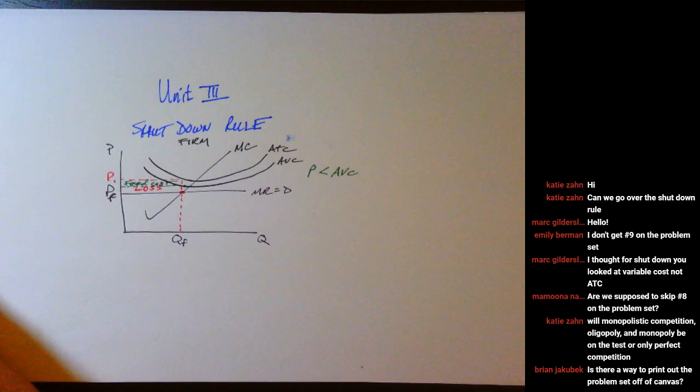There we go. Let me see. Okay, so let me find these items first. Oops. All right, Unit 3. All right, here we go. Unit 3. All right, Emily, you ready out there? Emily's asking about number 9.